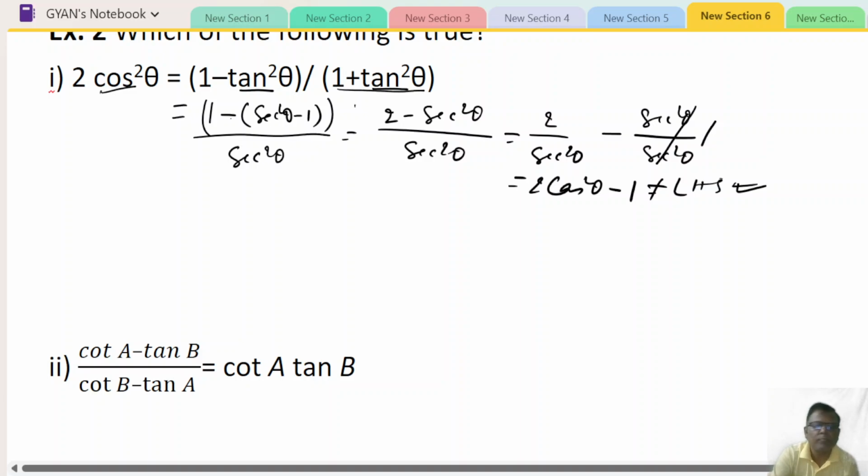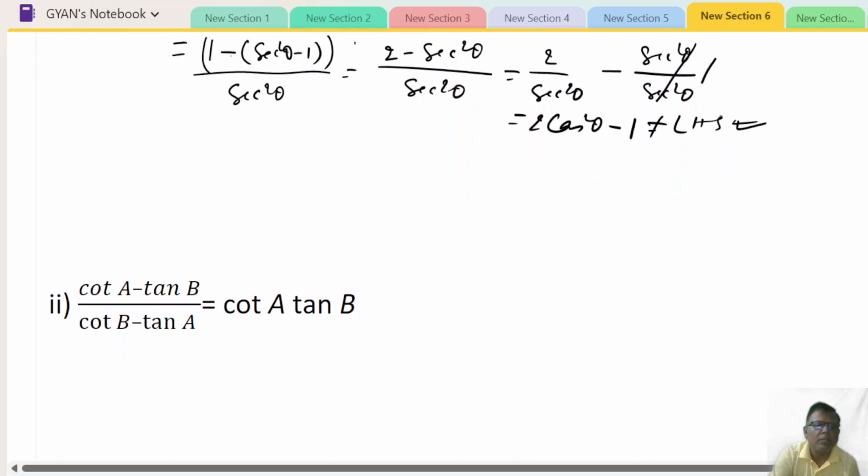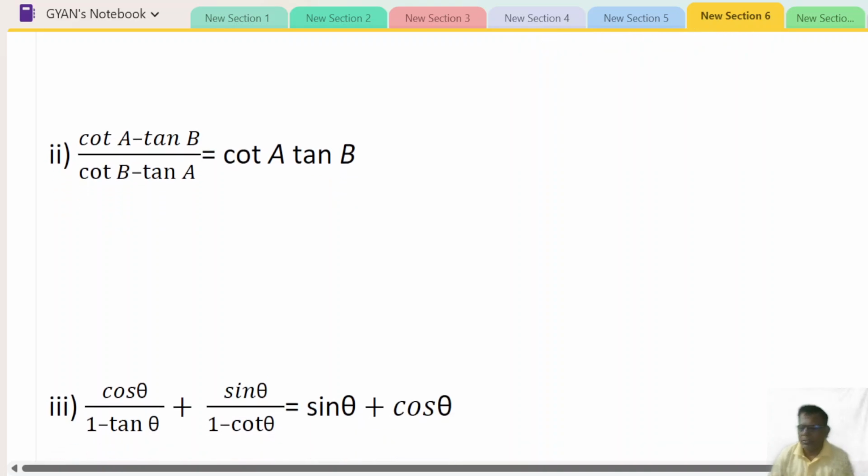Now come to the third question. Why don't we convert it into one single entity?